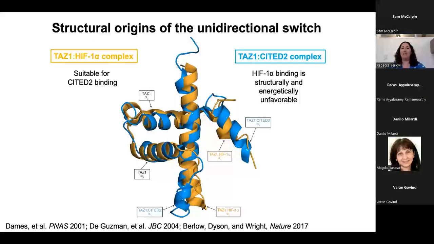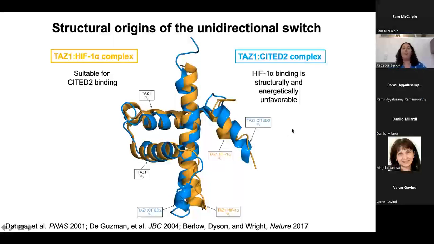However, as we worked on this project, we started to appreciate that there is no level of complexity that CITED2 seems to have left unturned in terms of competing with HIF-1 alpha. And so we started to look at TAZ1 and its behaviors, and specifically not only its structure, but also its conformational dynamics.